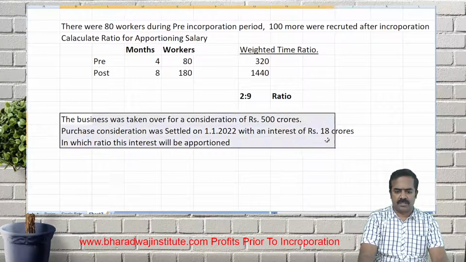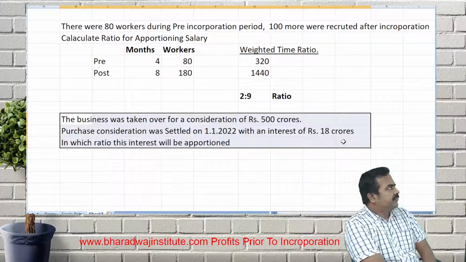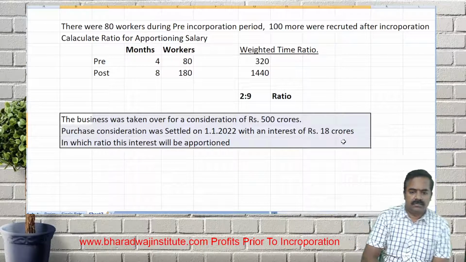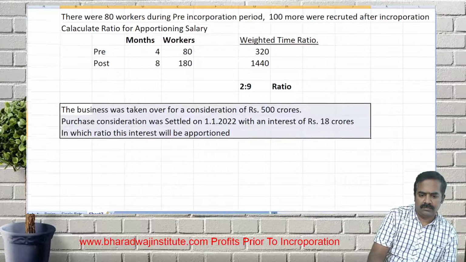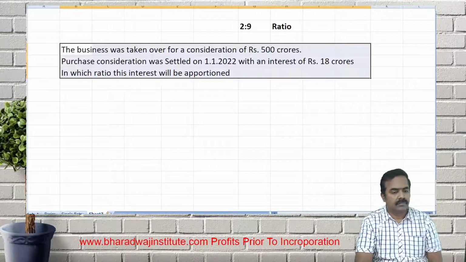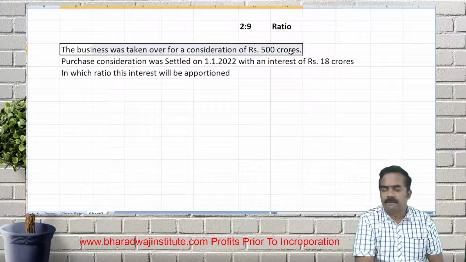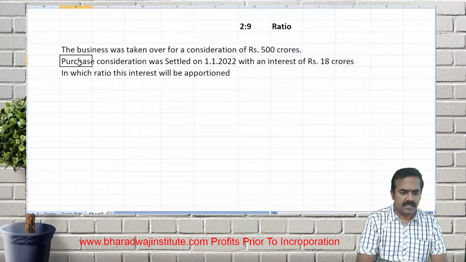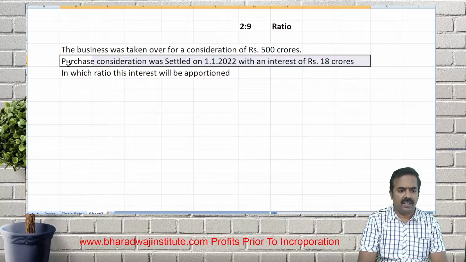Take up this next question. The business was taken over for a consideration of how much? 500 crores. Purchase consideration was settled on 1/1/2022 with an interest of 18 crores.